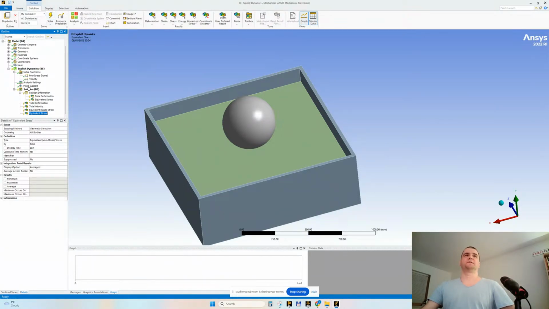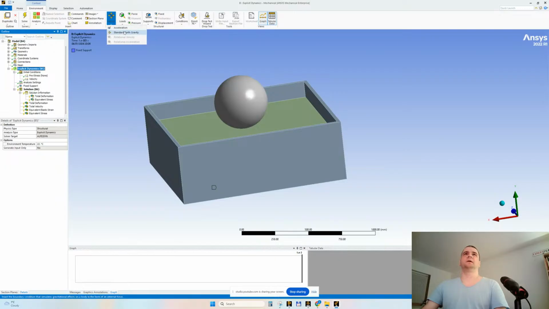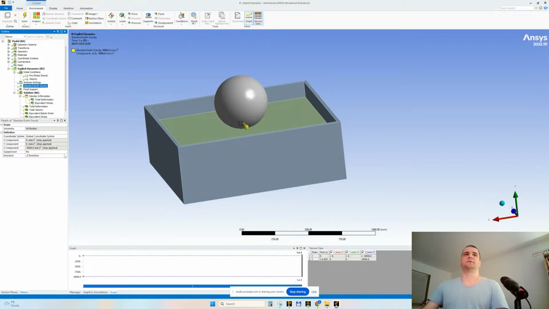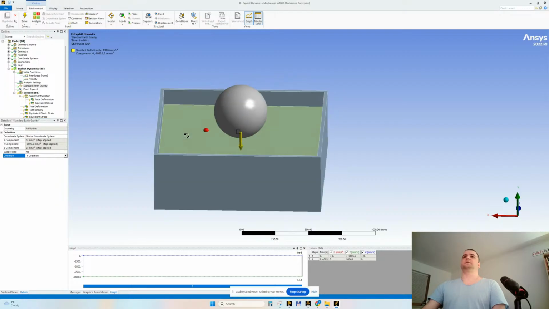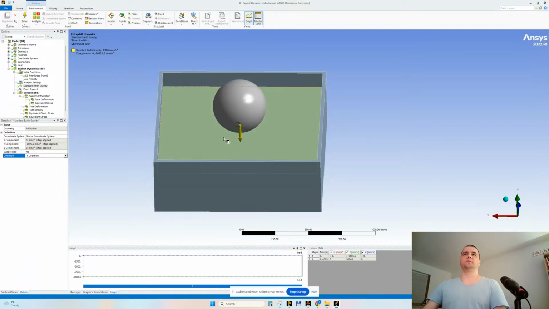We have the velocity, it's fixed. Maybe, you know what, just for fun, let's also assign some gravity, all right, minus y. This is the gravity. It will be nice when the speed is too high, the gravity is not necessarily very important.